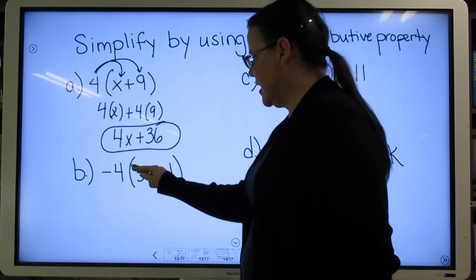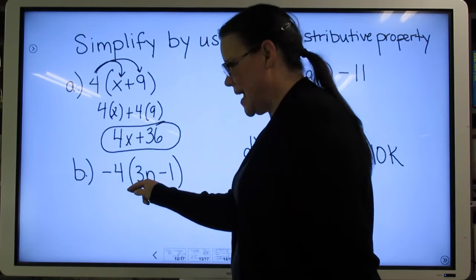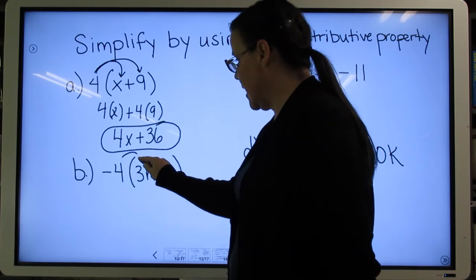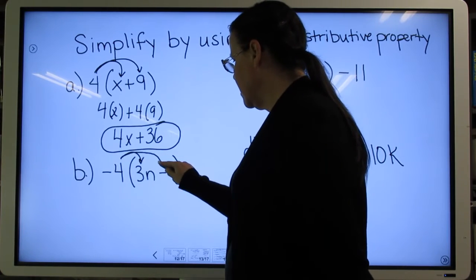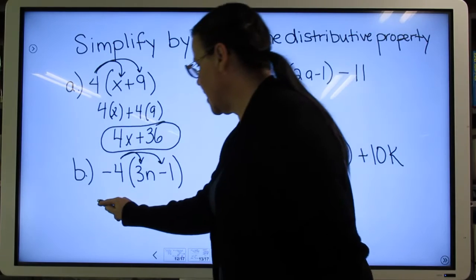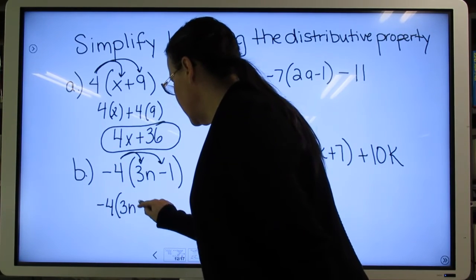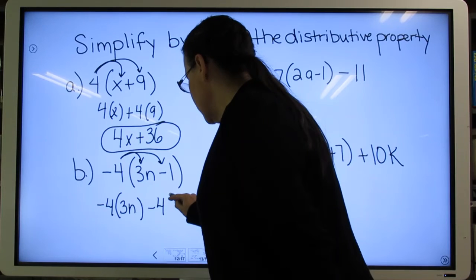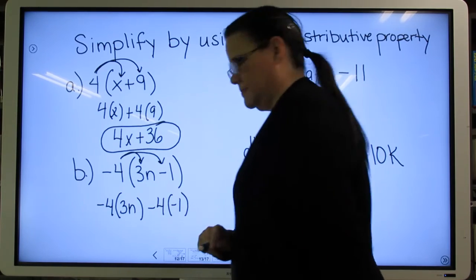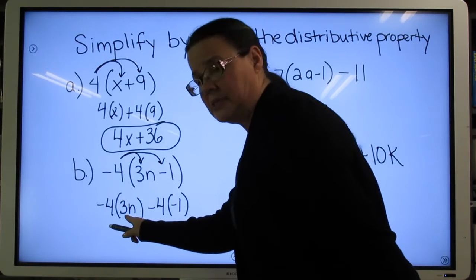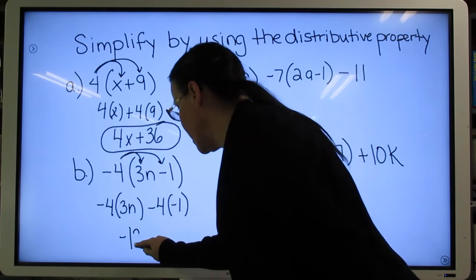Then I have a negative 4 on the outside with 3n minus 1 on the inside, and again I am multiplying the outside with what's on the inside. Negative 4 times 3n and negative 4 times negative 1. Negative 4 times 3n is going to be negative 12n.